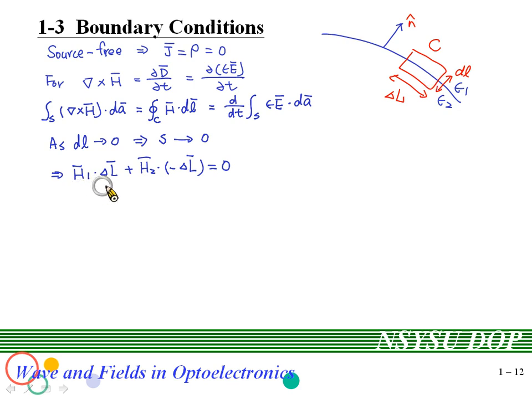So H1 dot delta L will become Ht1 multiplied by delta L, and here it will become Ht2 times delta L. Okay, so from this result we can draw the conclusion that Ht1 will be equal to Ht2.